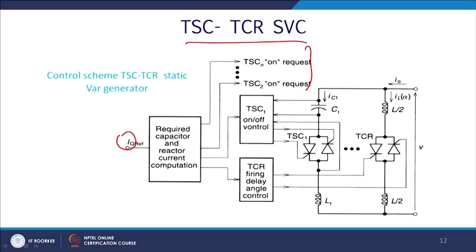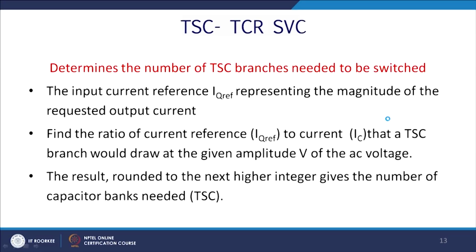Thereafter, this is on-off control, and you will sense the voltage of the TCSC capacitor, that is very important, and accordingly you will give a pulse, and this scheme we will discuss a little later, and you will give a triggering pulse of the thyristor to the TCR. First of all, the first step will be to determine the number of TCSC branches needed to be switched from this IQ ref.